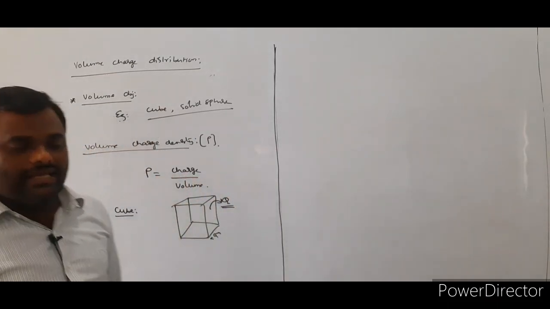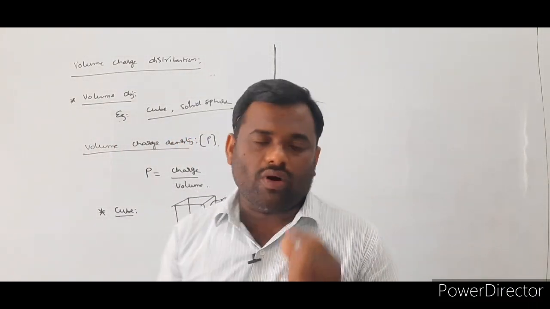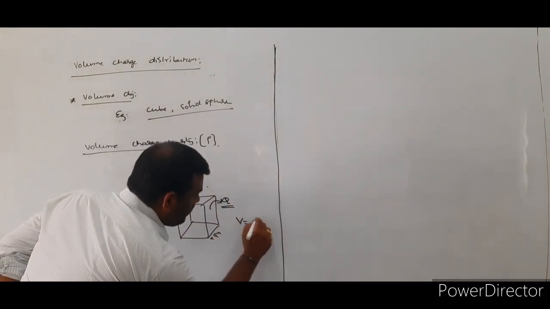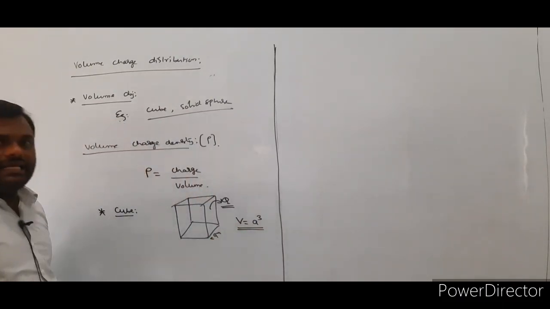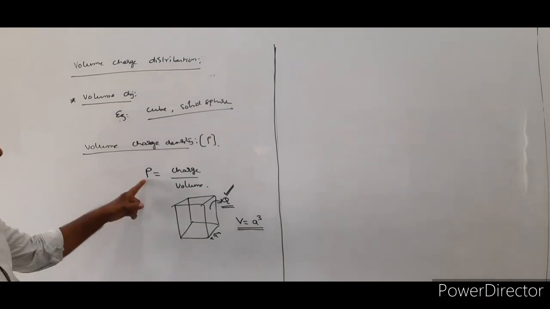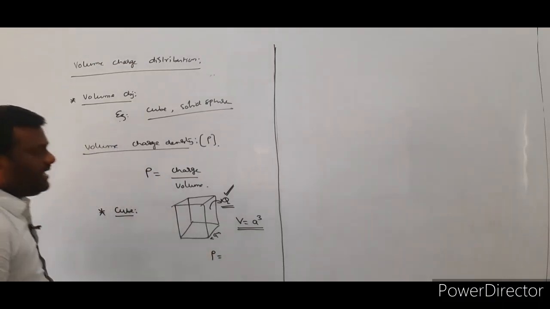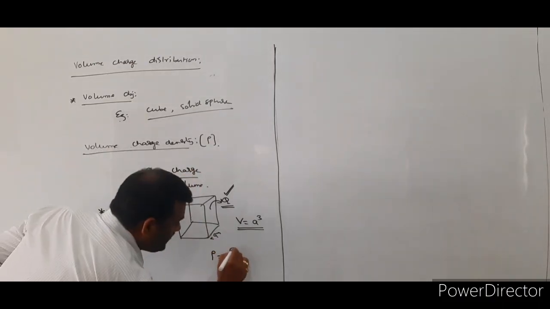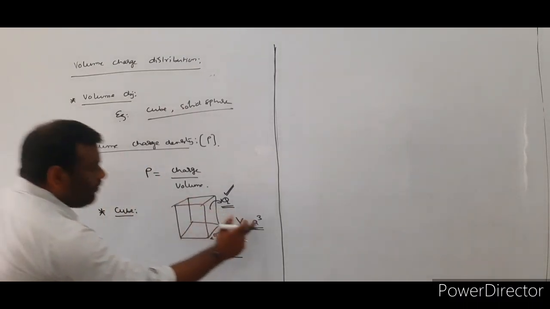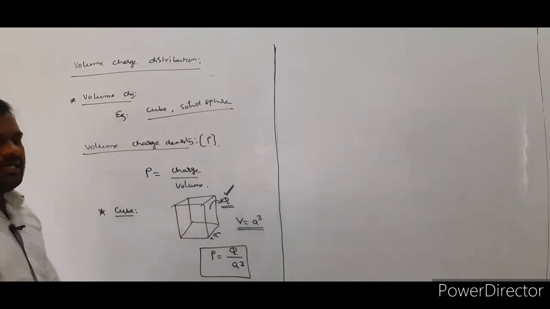A cube was considered whose side length is equal to small a. The volume of the cube is a cube, and the total charge given to the cube is capital Q. From the definition of volume charge density, rho is equal to charge by volume, which is Q by a cube.